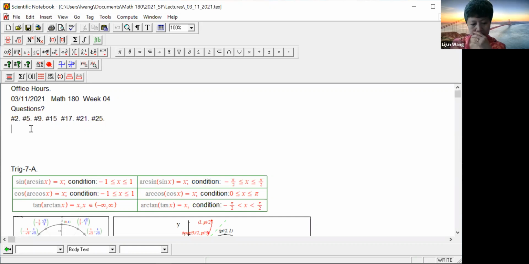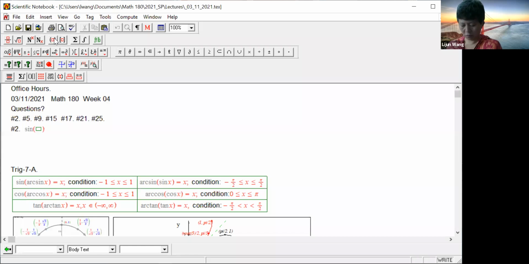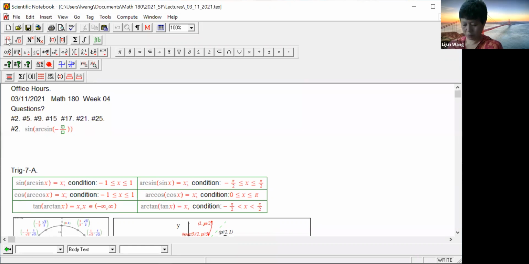Number 2. We've got sine of arc sine of negative 3/4.